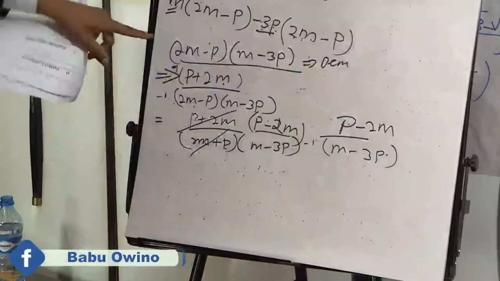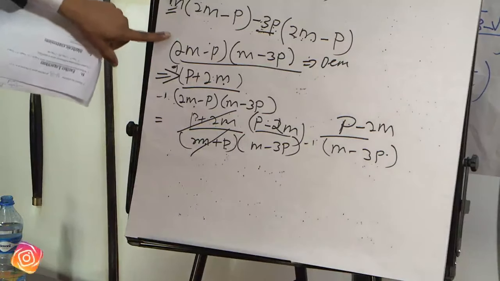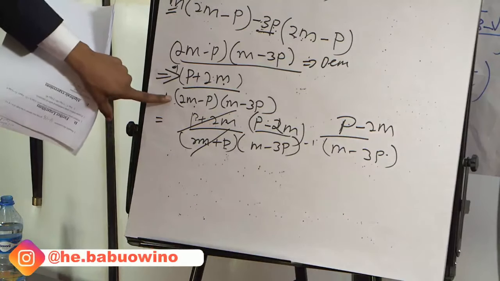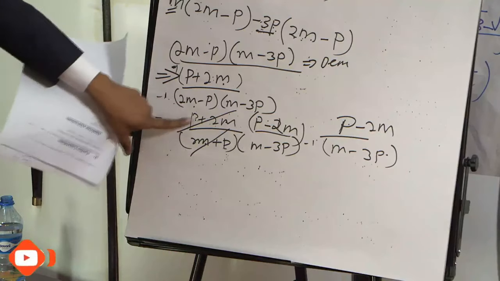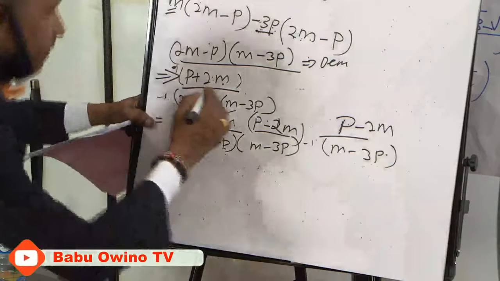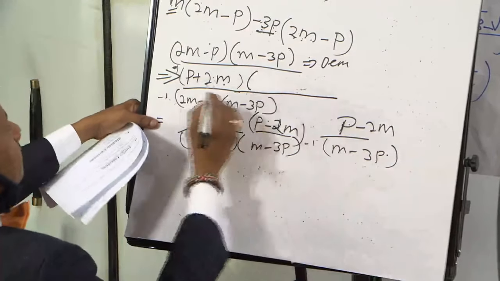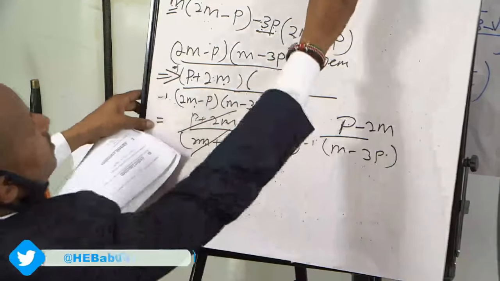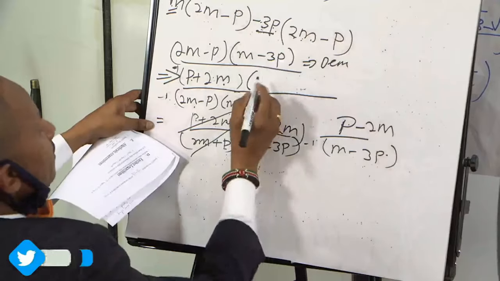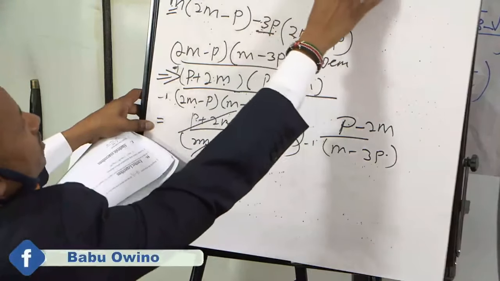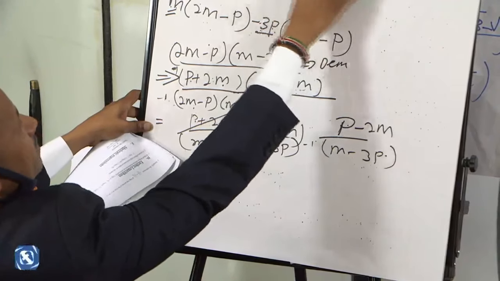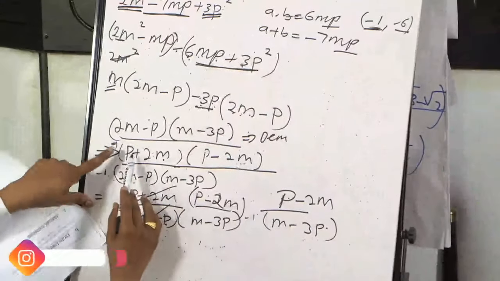So let me just take you back a little bit because I've introduced a negative here. So from here, p plus 2m, which is here p plus 2m, then p minus 2m, which is this part of the value. I only took one part, sorry for that. So we take both of them. That is p plus 2m.